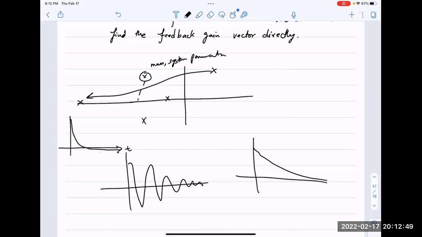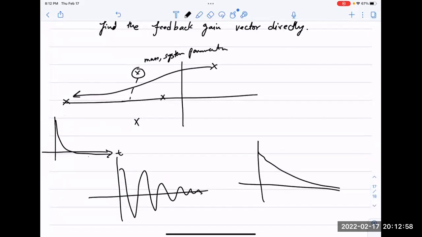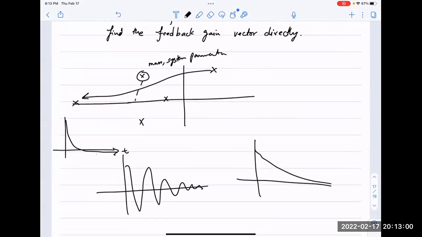That's the whole reason we just give you the locations of poles instead of you figuring out what to do. But in an ideal world, you could place the poles of the closed loop feedback system anywhere.